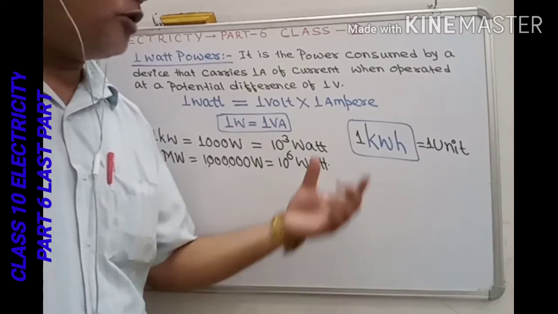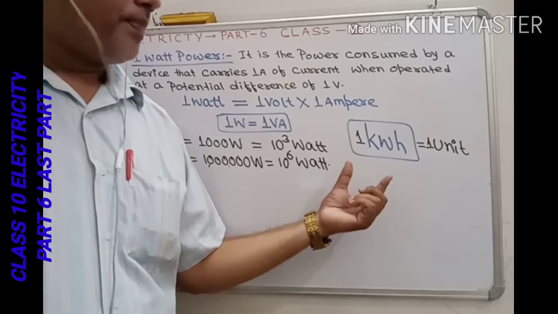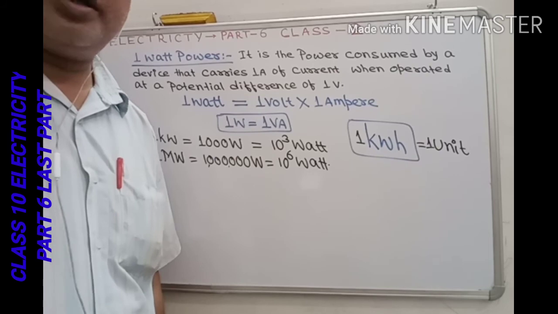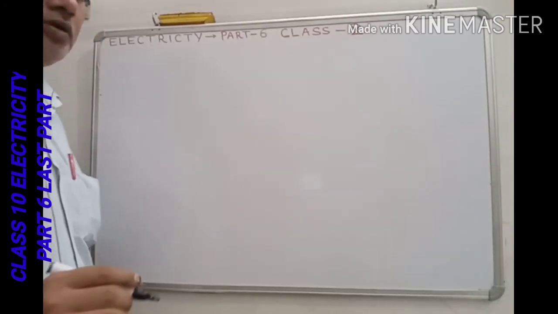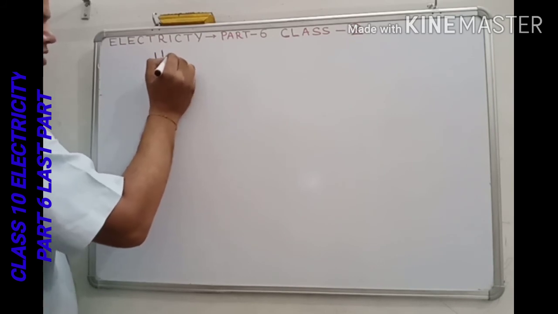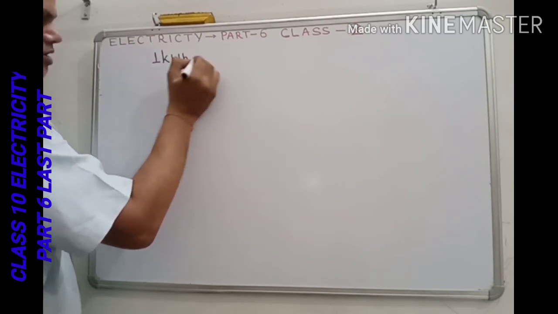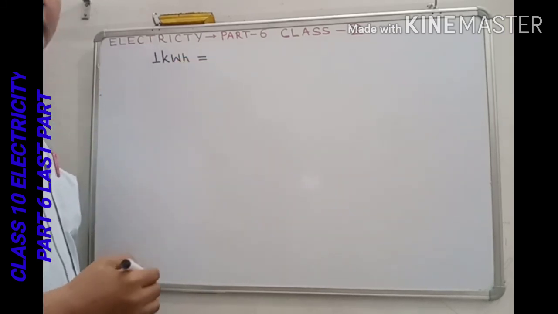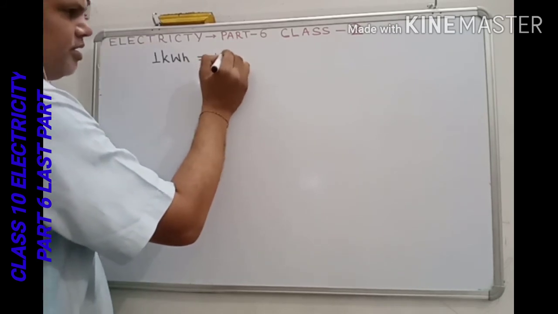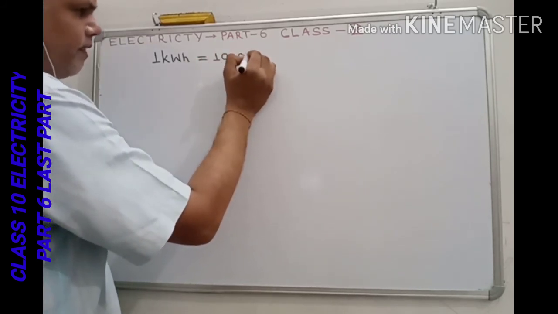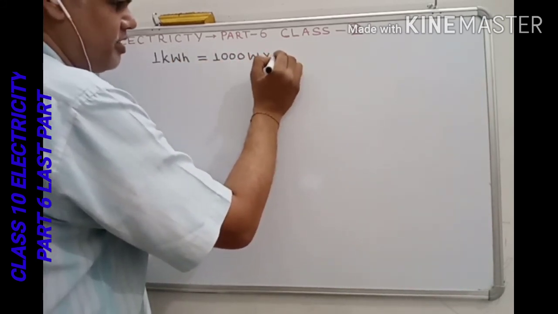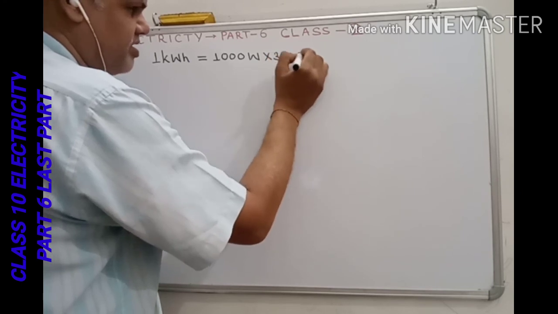Now, how many joules of energy does this 1 kilowatt hour mean? Let us calculate this also. In 1 kilowatt hour, 1 kilowatt means 1000 watt, and 1 hour is 3600 seconds.